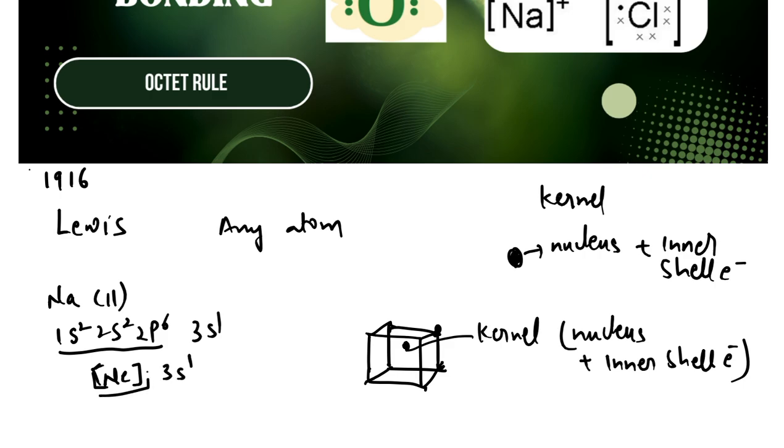So these 10 electrons are considered the inner shell electrons, which is a part of the kernel. The only electron left is 1 electron. So in the kernel, that is in the center, there will be the nucleus as well as these 10 electrons, and this extra electron, the one in the outer shell, will occupy one of the corners of the cube.